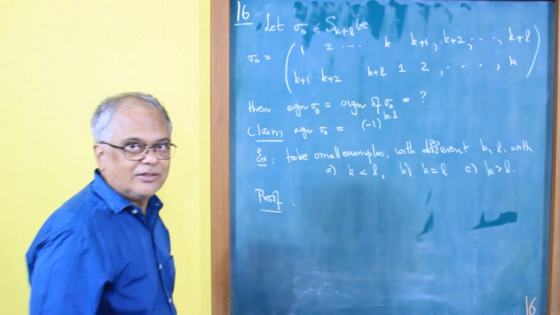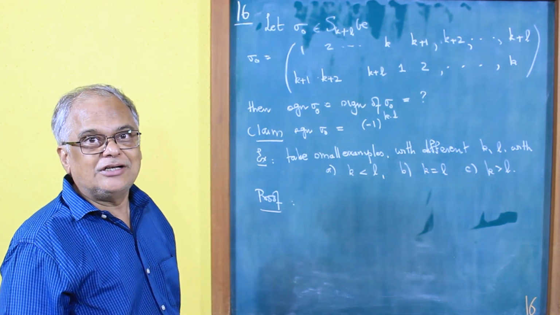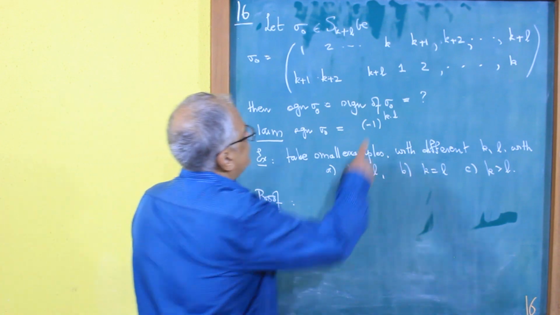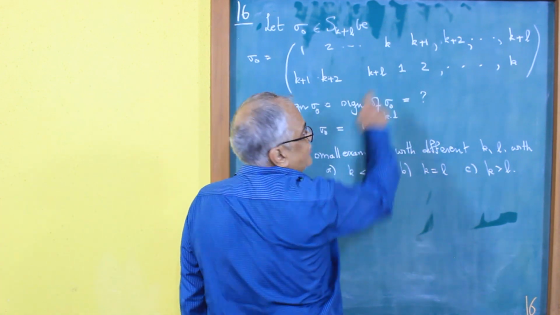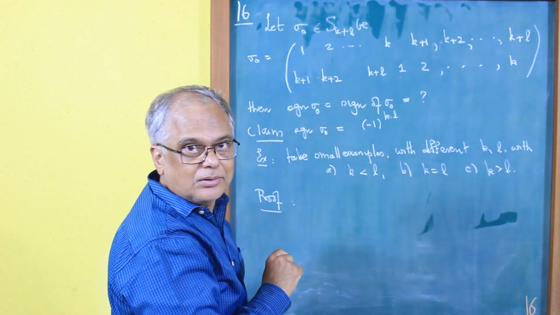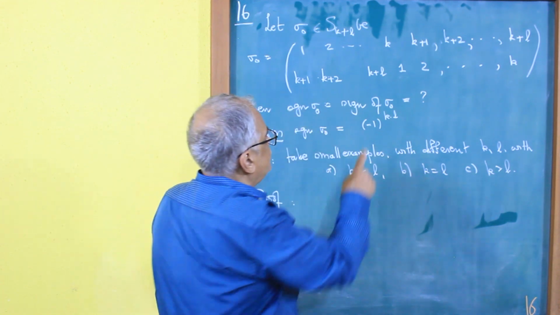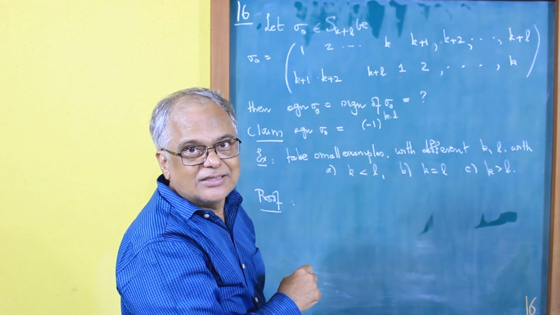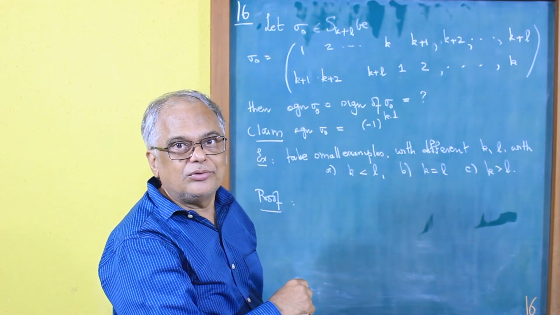I'm not going to explain the proof completely, but I shall tell you the idea. This 1 that you have here, you want to bring it to the first place. What do you have to do?